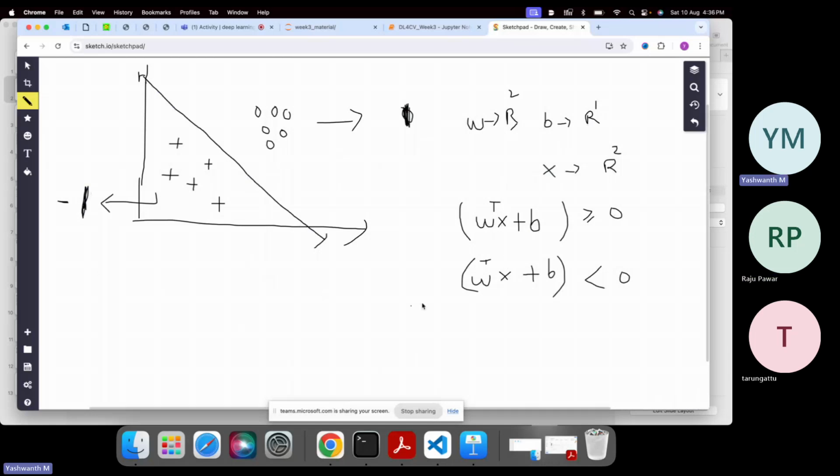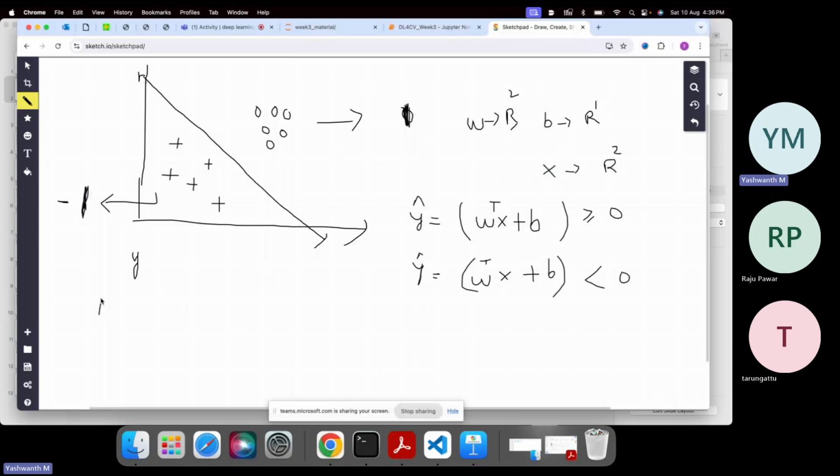So when do we make a mistake? How do we quantify it? Let's call our prediction y hat, and y the true label.